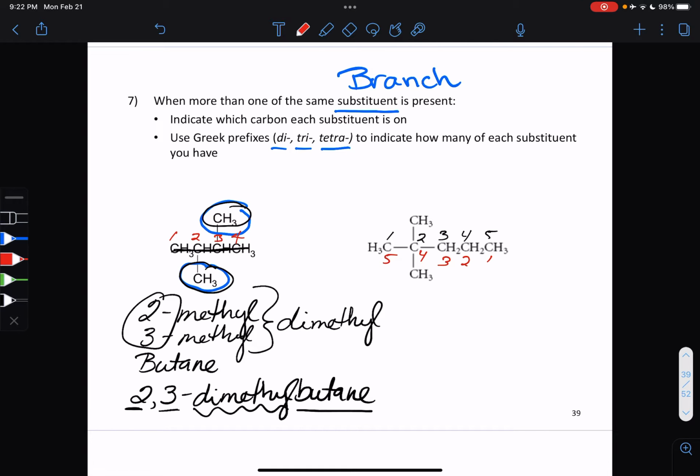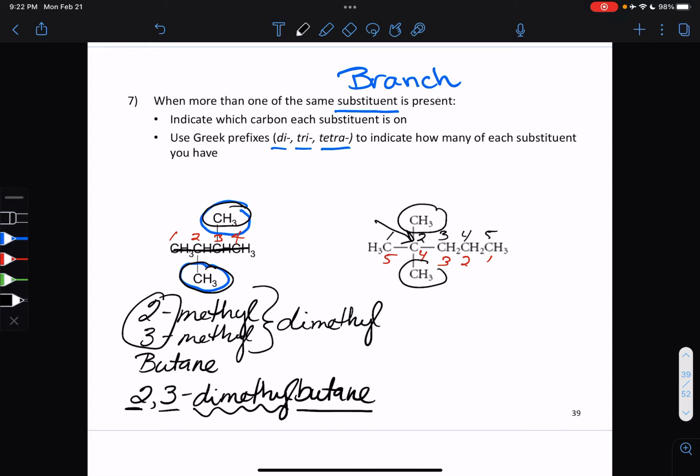So which one do you pick? Well, remember that we want our branches to have the lowest number possible. So if we go left to right, which is the black numbers, we'll have a couple of methyls on carbon number 2. So we'll have a 2-methyl and a 2-methyl.